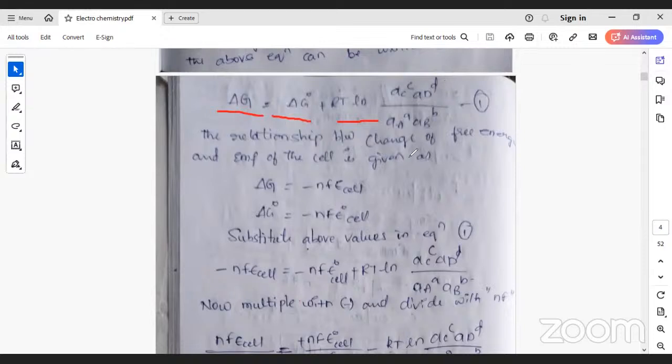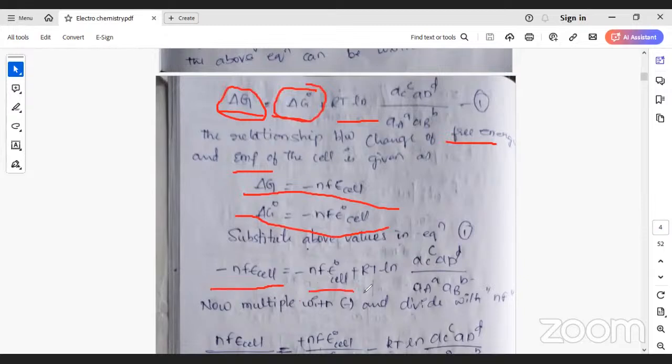The relation between the change of free energy and the EMF of the cell is known: delta G equals minus nF E cell and delta G naught equals minus nF E naught cell. Substituting these two values, we get minus nF E cell equals minus nF E naught plus RT ln activity of the products divided by activity of the reactants.